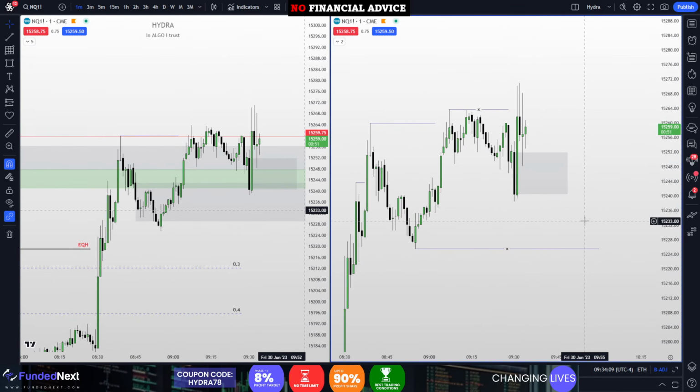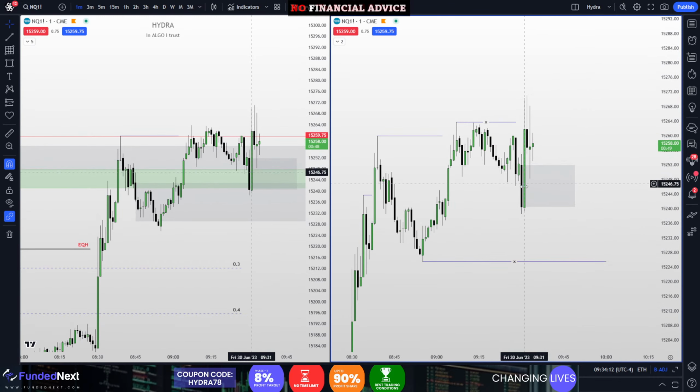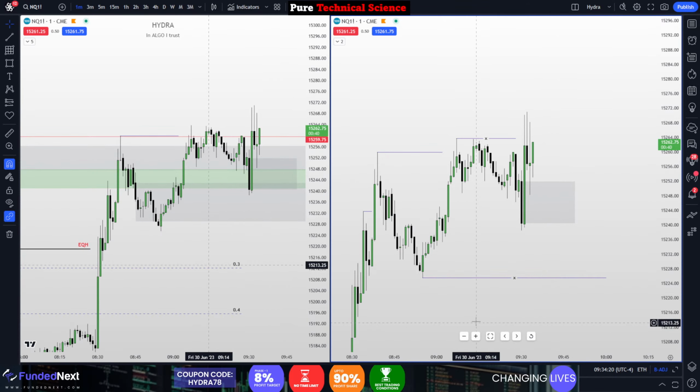and I'm expecting to see price lower. I still want to see this order block getting failed. Okay, it's a bullish order block now, and I'm expecting to see it is working as a breaker block.